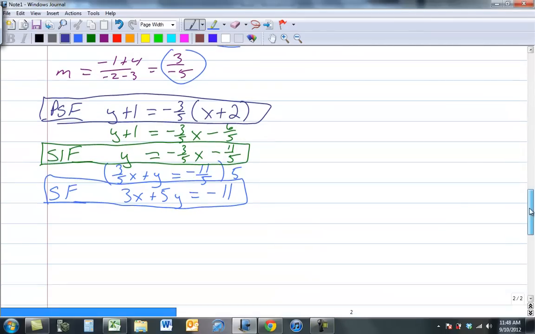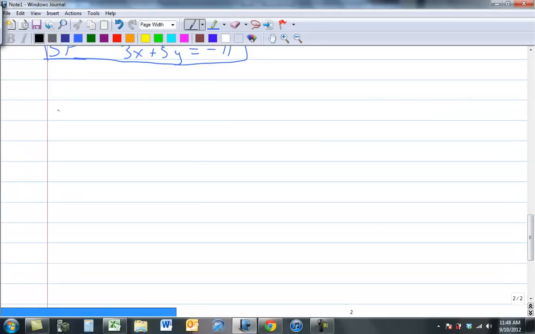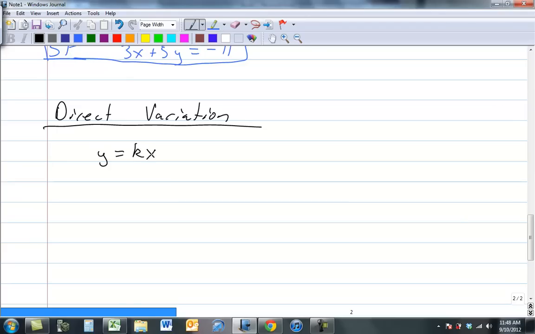The last thing we're going to talk about is direct variation. Direct variation is anything that's in the form y equals kx, where k is some constant.